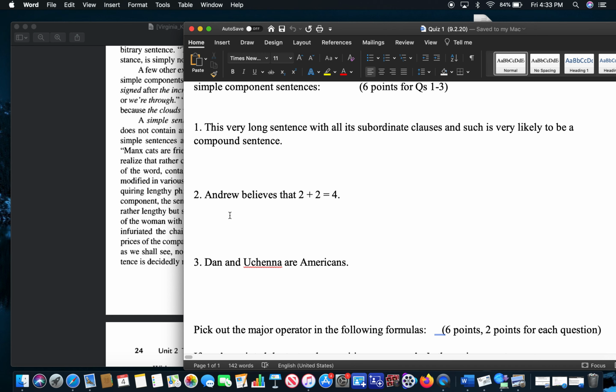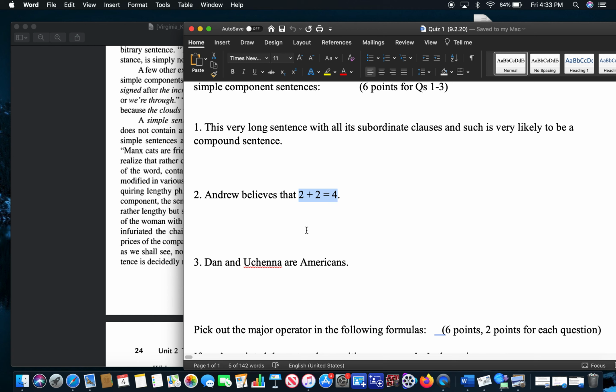2 and 3 are both compound. Why? A compound sentence is one that contains at least one other sentence as a component. One sentence contains another sentence as a component if any part of it makes a complete sentence by itself, and you can replace this sentence, as you can for 2 plus 2 equals 4, that's a sentence.